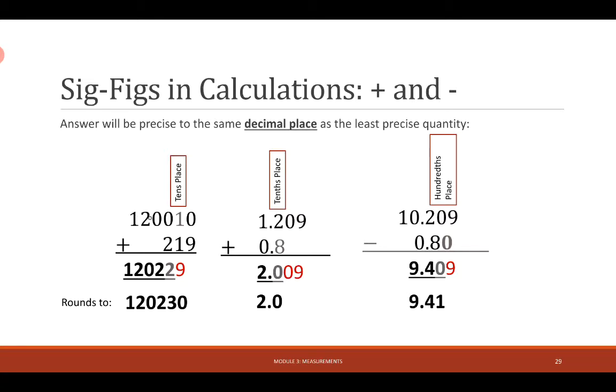So in this first number, this 0 at the end is not significant because there's no decimal point written. This is just a placeholder. So the last significant digit in this number is in the tens place.